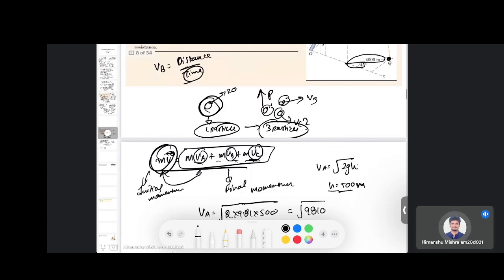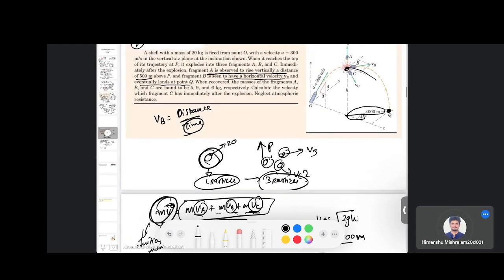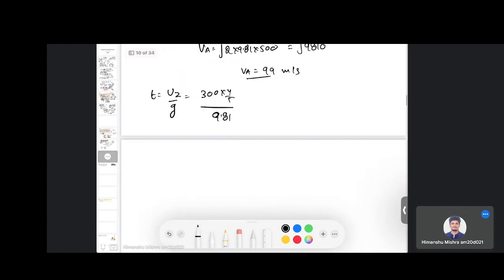So I'm taking the component here, this is my 5 and this is 3, which will give me 24.5 seconds. Then my VB will be distance by time. Distance is 4000 and time is 24.5.